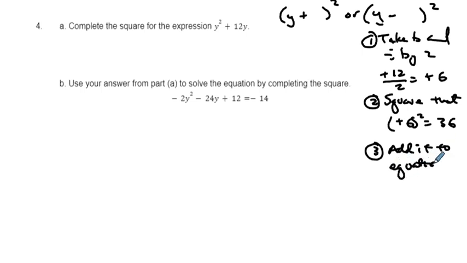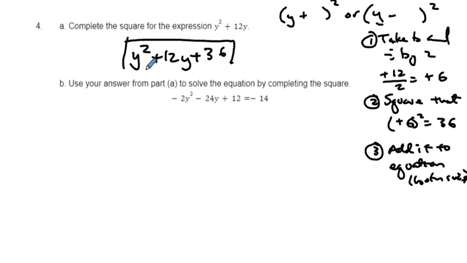The third step is you add it to your equation. If it's an equation and not an expression, you add it to both sides. For this first problem, they just want to know what that thing you're adding is. So y squared plus 12y plus 36, and you have completed the square because this factors to y plus 6 squared.